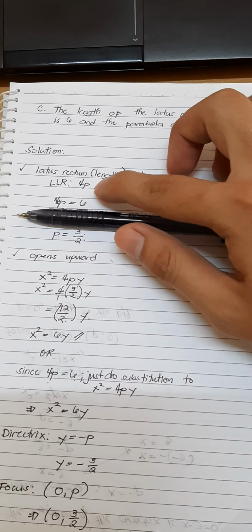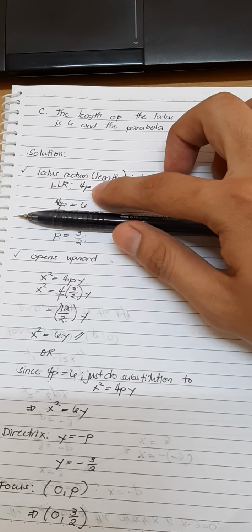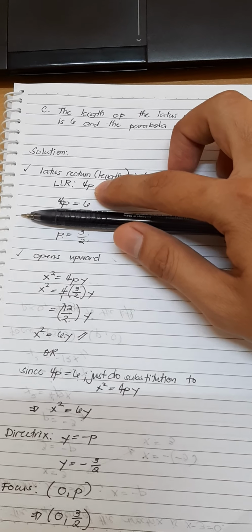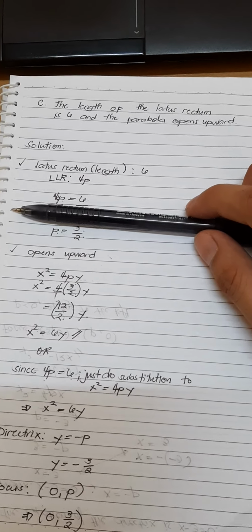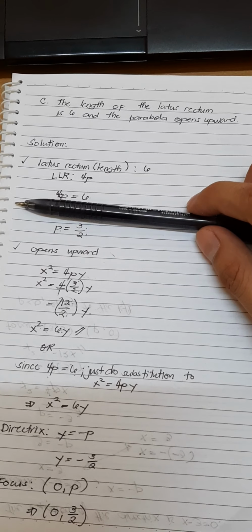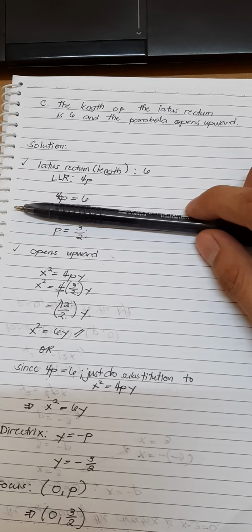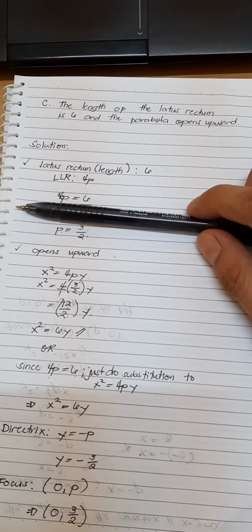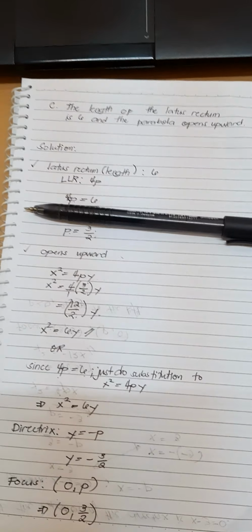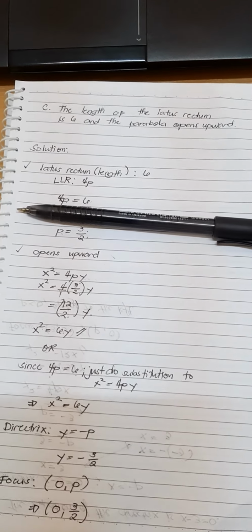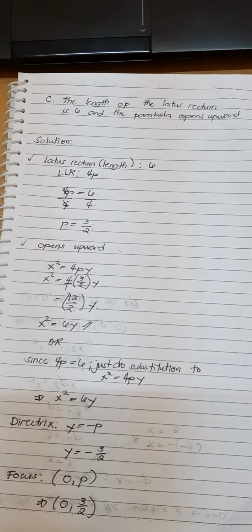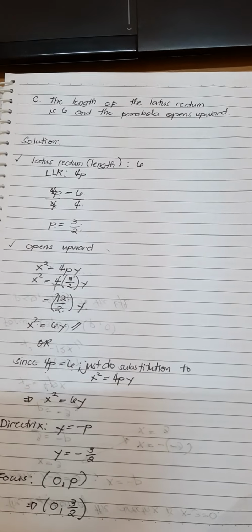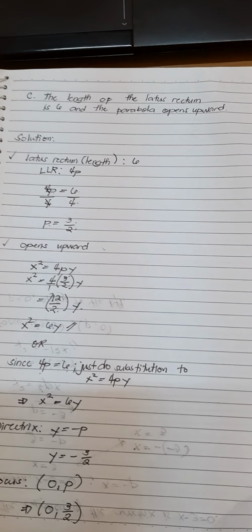Since we are finding the value of p, we will divide both sides by 4. So we have 4p divided by 4 equals 6 divided by 4.